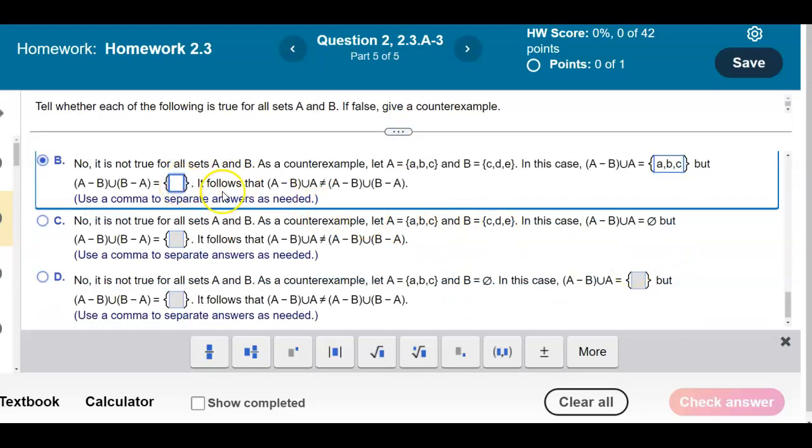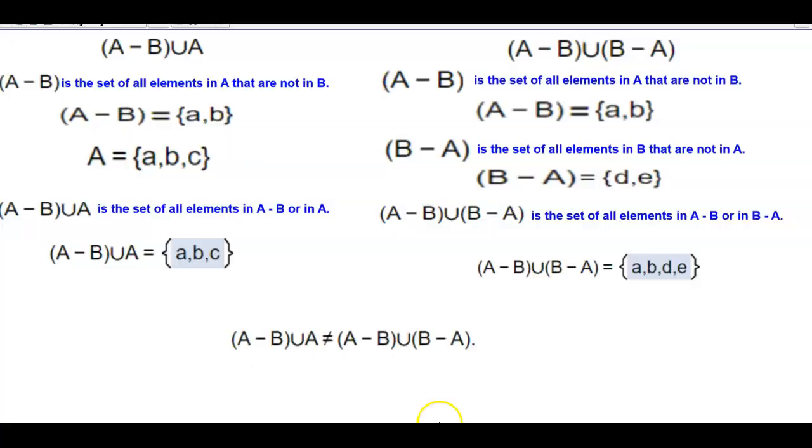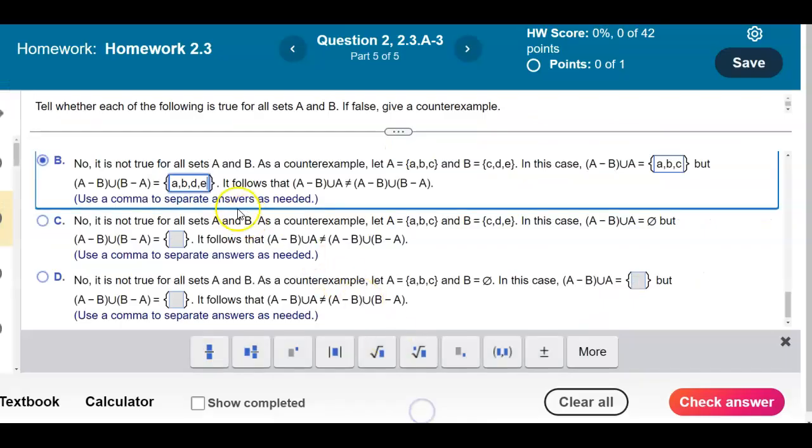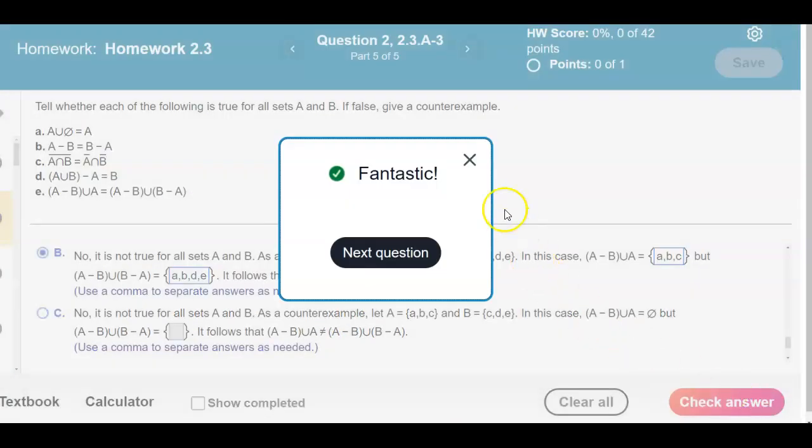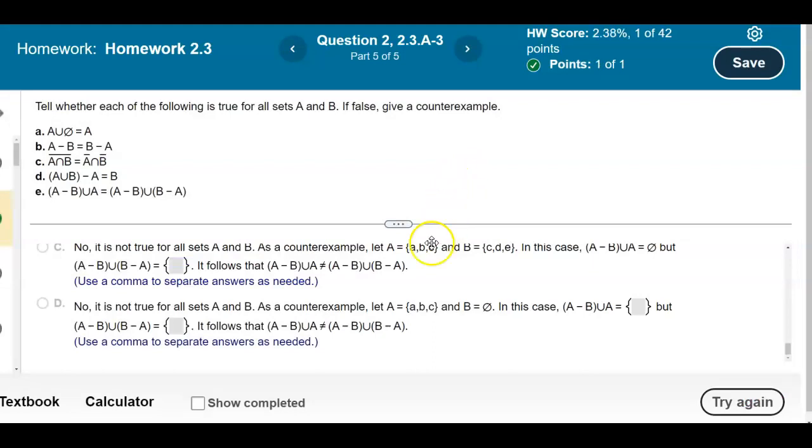And then over here, we said that that was a, b, d, e. So a, b, d, and e. And let's just confirm that. So we have a, b, d, and e. And then we also know that they're not equal to each other. So let's check our answer. And that is our result. So it's important to understand the definition of each piece of the following statements.